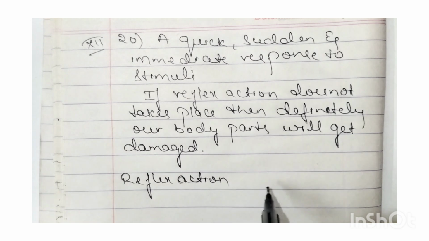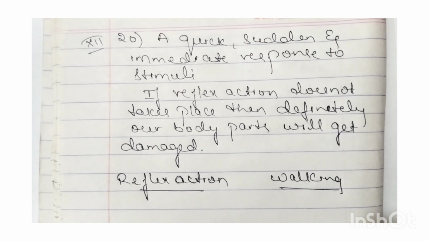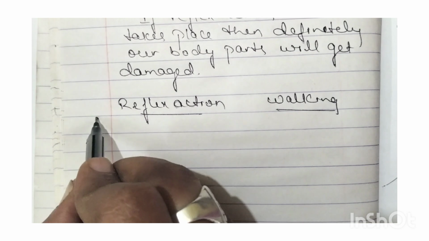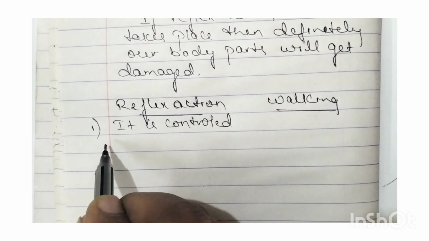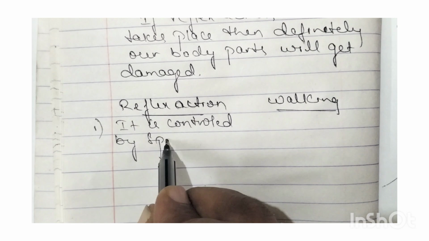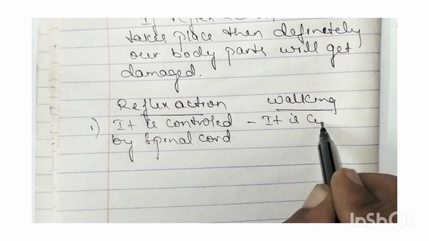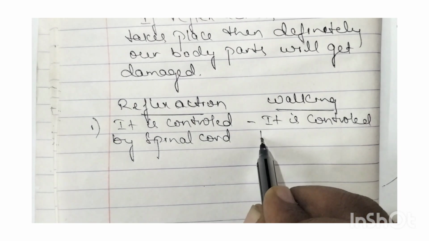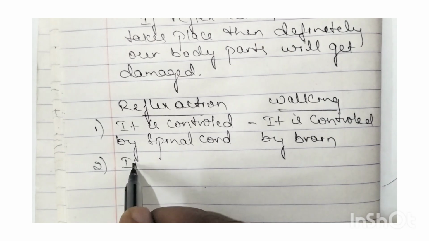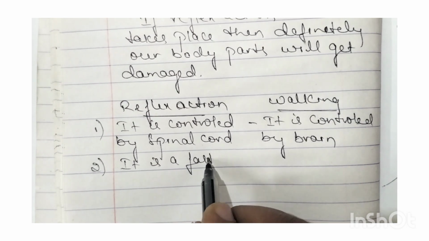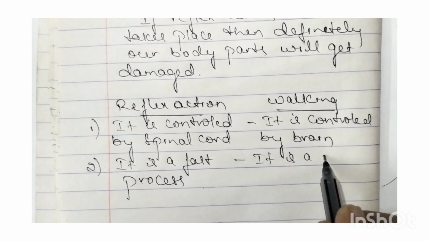The first difference is, reflex action is controlled by the spinal cord, whereas walking is controlled by the brain. The second one, reflex action is a fast or quick process, whereas walking is a slow process.